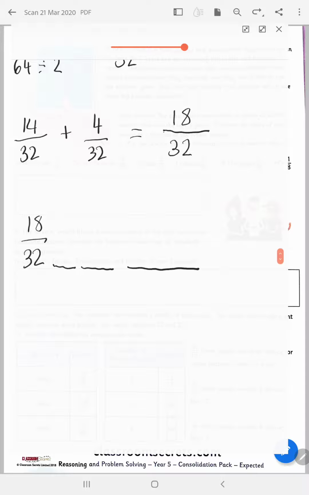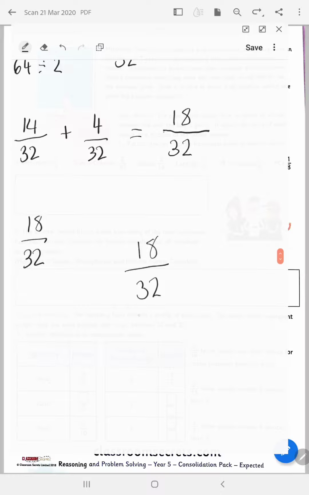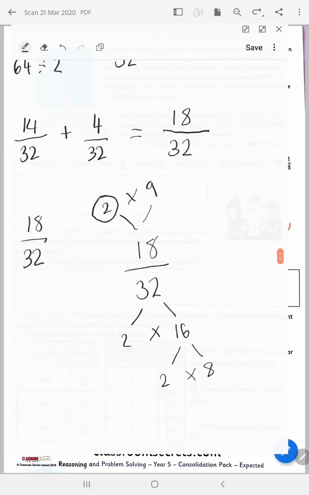We can have a look to see whether we can reduce that fraction to a simpler form by factorising it. So we know that 32 is 2 times 16, and 16 is 2 times 8. And we know that 18 is 2 times 9. So here you can see that both the denominator and the numerator can be divided by 2.